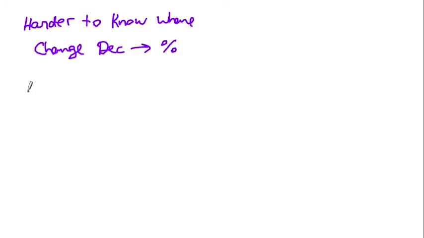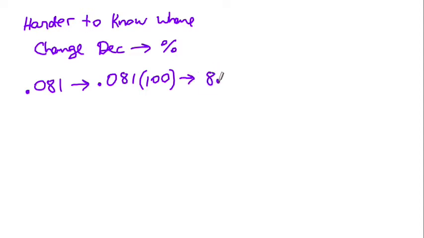So if I know for sure that this number is a percent, then the way to handle it is to take this number. Now notice I'm not writing equals right now, and do the opposite of going from a percent to a decimal, which is take the number, multiply by 100. After you do that, you end up with 8.1.